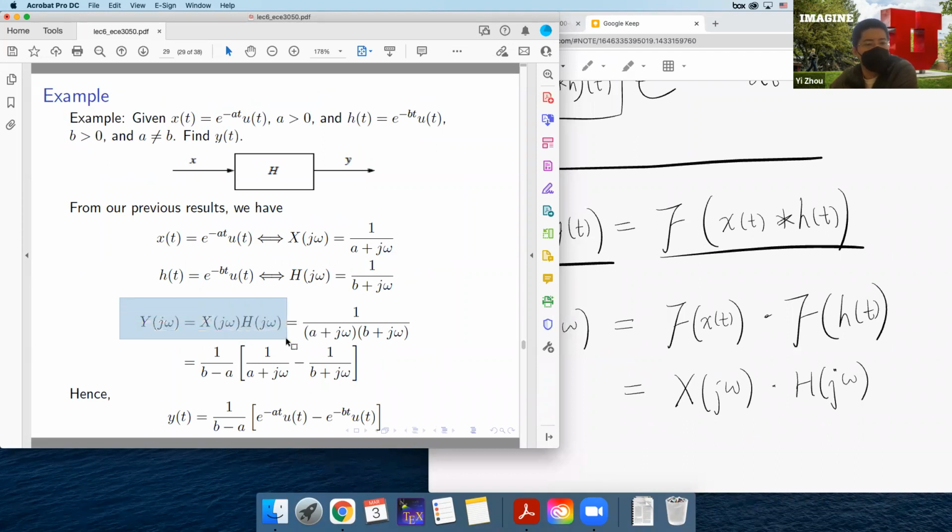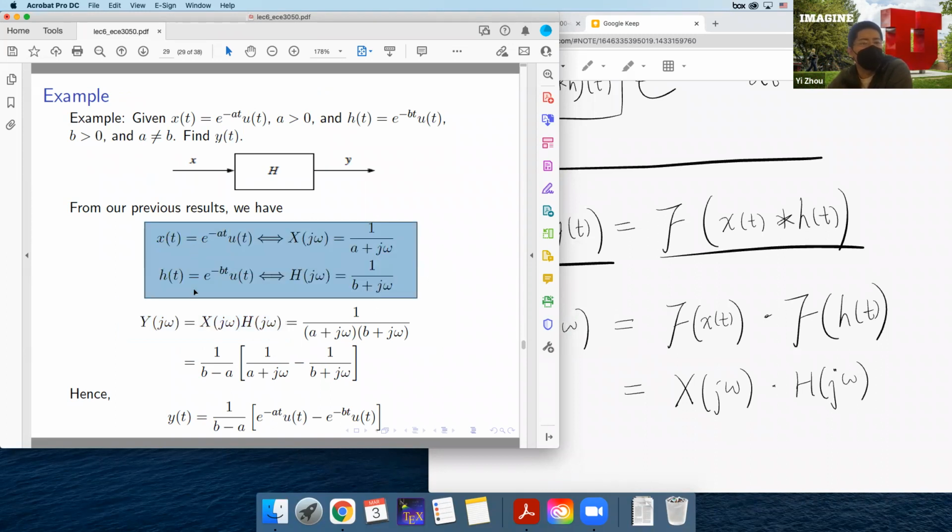So this is the system equation in the frequency domain. Therefore, in order to obtain the spectrum of y(t), we need to calculate the spectrum of the input and the impulse response respectively. And this is very simple from the table, because both the input and the response are exponential signals. So from that table, we can directly conclude that the spectrum is given in this way.